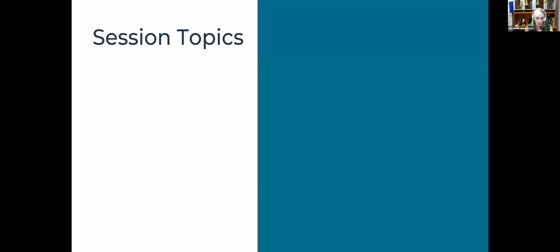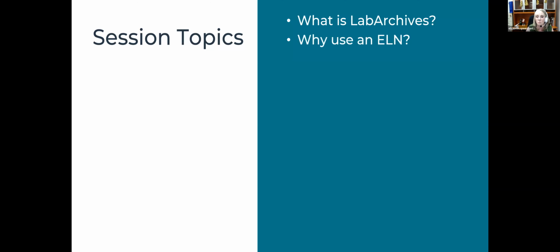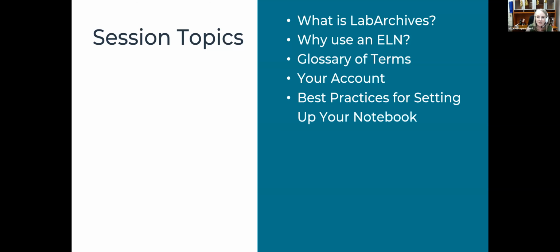So today we're going to go over a few things. We're going to talk a little bit about what Lab Archives actually is, and why using an ELN is important and useful. I'm going to give you a glossary of terms because Lab Archives does have specific language that it uses repeatedly in all of its training materials. Then we'll talk about your account and the correct way to create an account if you don't already have one, because if you don't do it the right way, there can be problems.